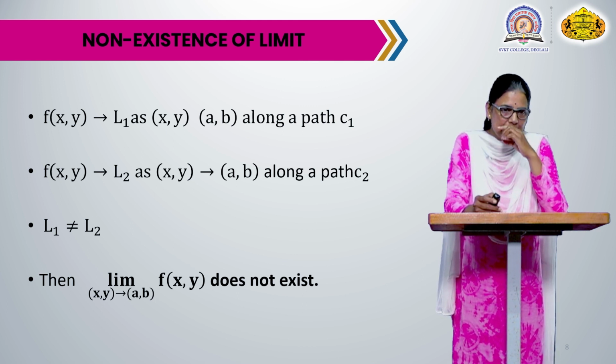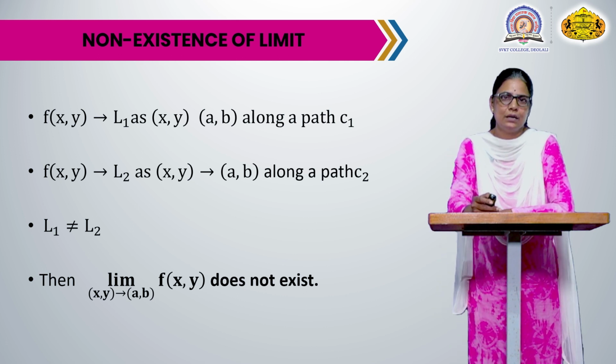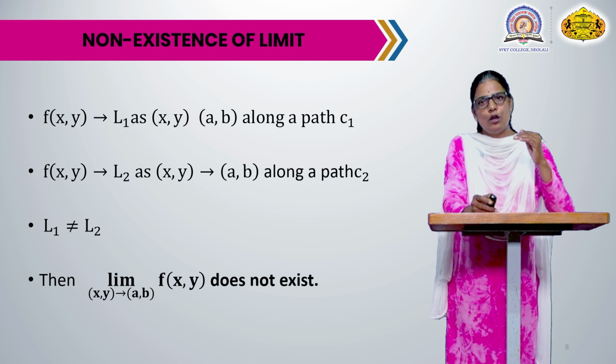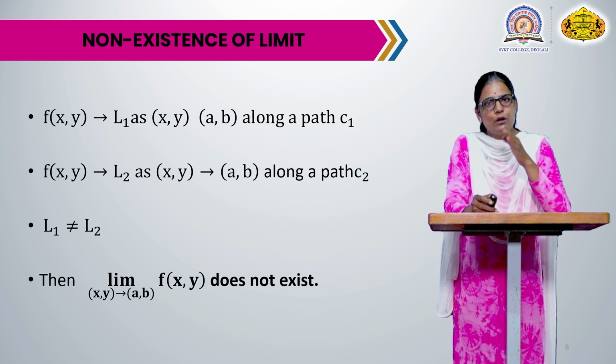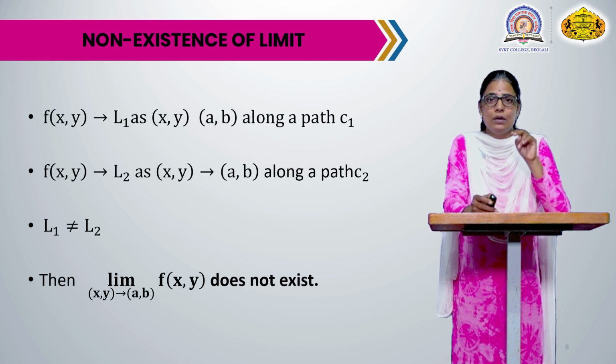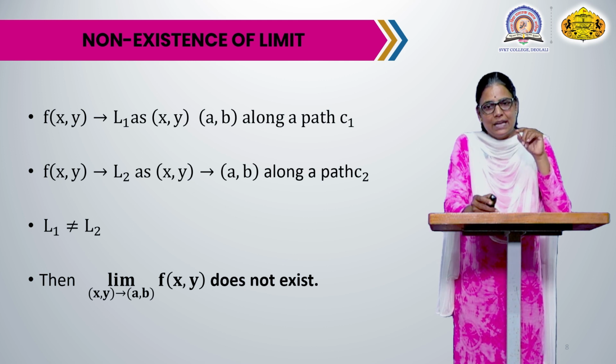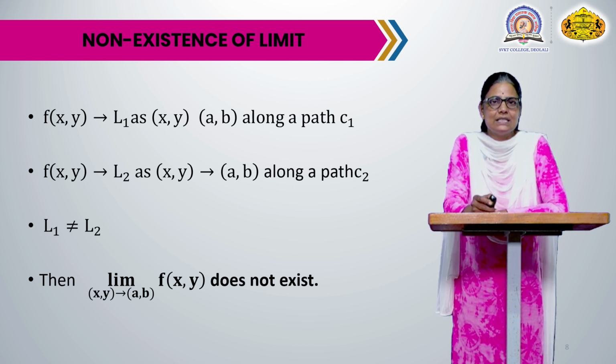But remember one thing: if the limit along C1 is L1, the limit along C2 is L2 and both have the same value, then we can't say that the limit exists in that case. So this test is applicable only if the limits along two different paths have different values; then we say that the limit of the function f(x,y) as (x,y) approaches (a,b) does not exist.